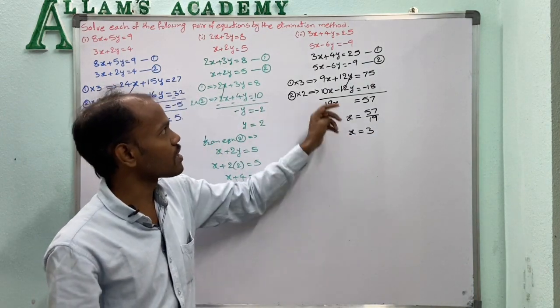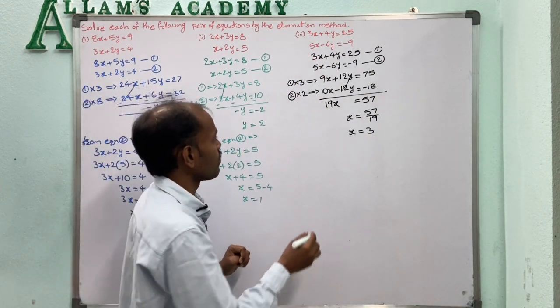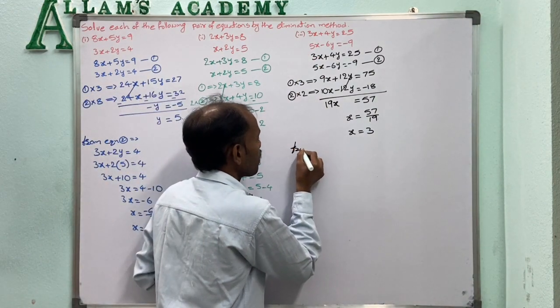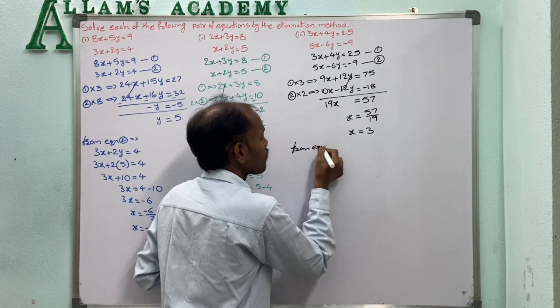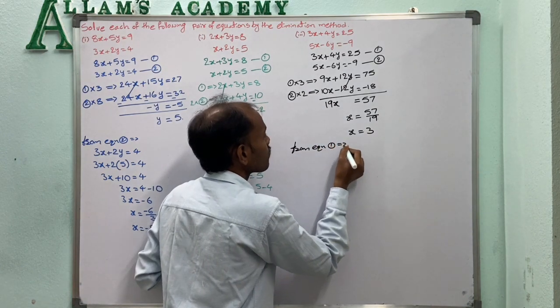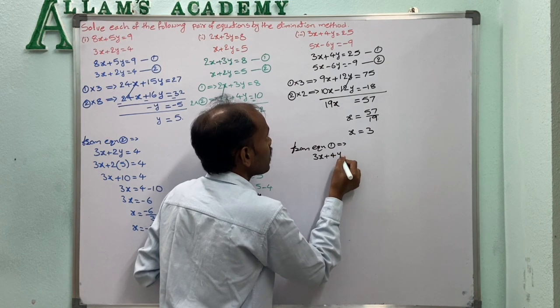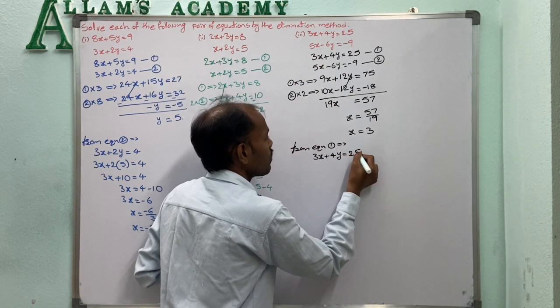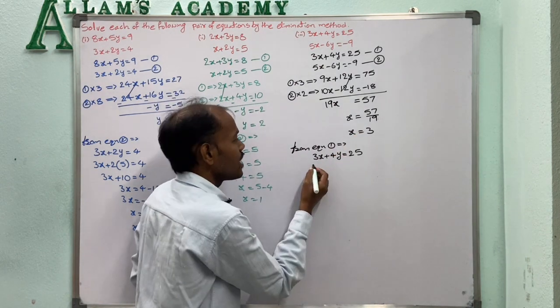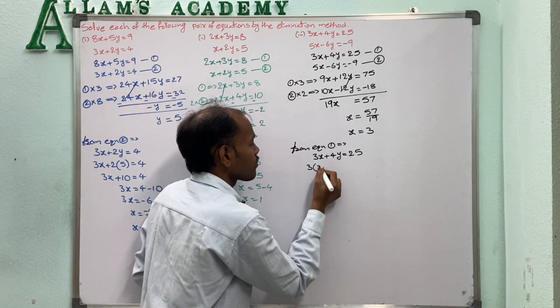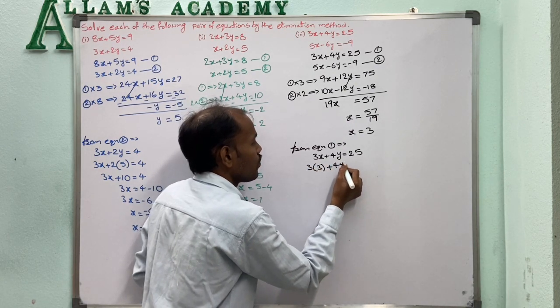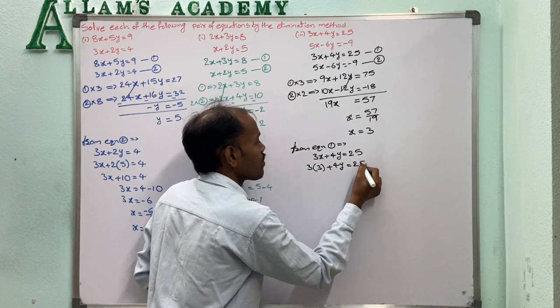Now substituting the x value in equation 1. So from equation 1, 3x plus 4y equal to 25. Now 3 into 3 plus 4y equal to 25.